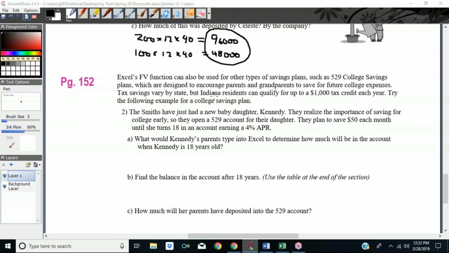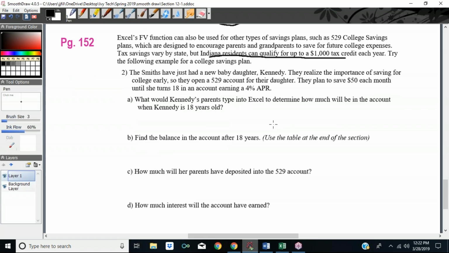And it's a good thing because Indiana residents could qualify for up to a $1,000 tax credit each year. So here's the example. The Smiths have just had a new baby daughter, Kennedy. They realized the importance of saving for college early, so they opened a 529 account for their daughter. They plan to save $50 each month until she turns 18 in an account earning 4% per year.